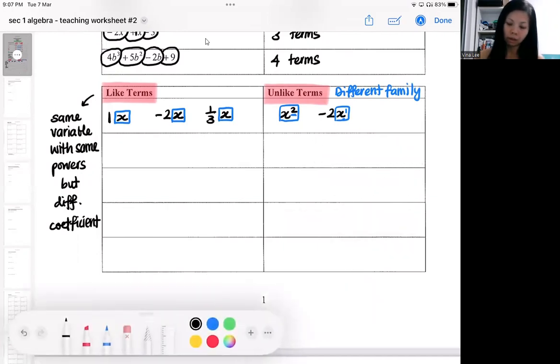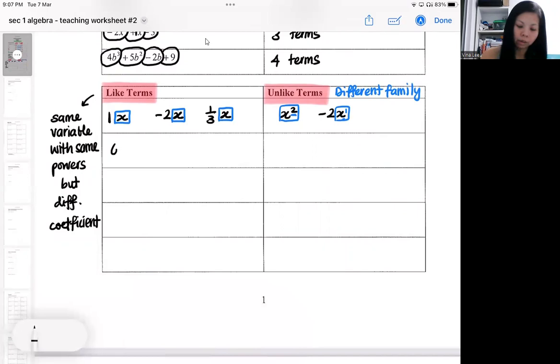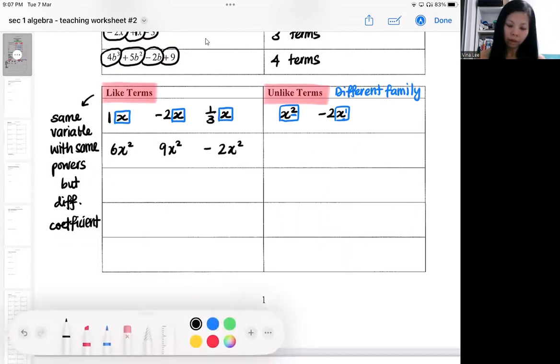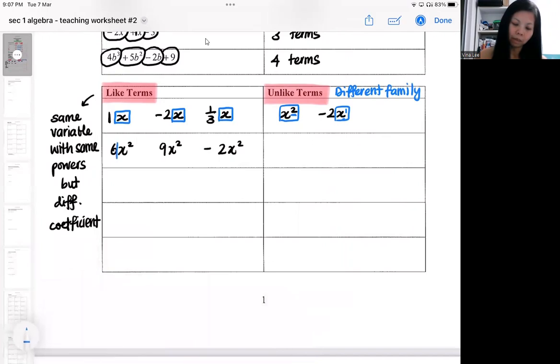Okay, so a further example of like terms. If I've got 6x squared, 9x squared, minus 2x squared, everything is dealing with x squared. It is the same variable, same power, so they are considered like terms.